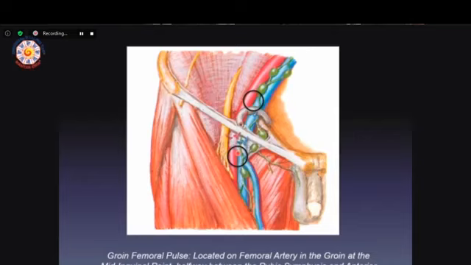And when you get 49, that is the vein, the femoral vein, blue. So you cover them in this area. So the nerve, the femoral pulse, the vein.